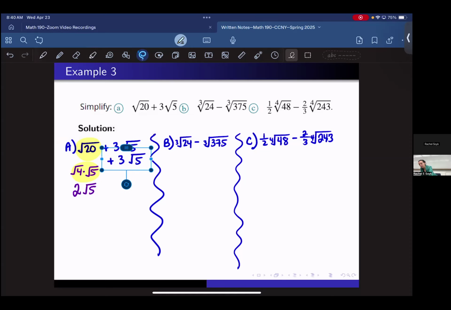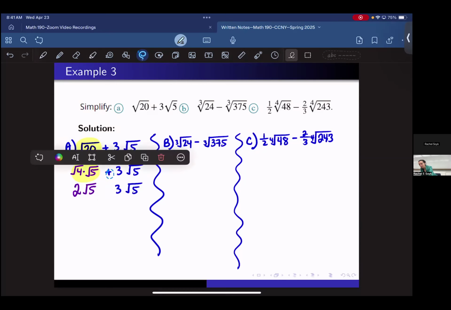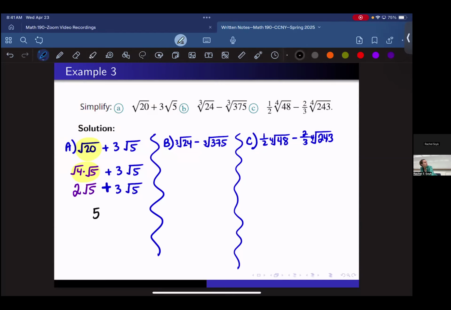Now that's really helpful because when we add 3 square root of 5 to that, we have like radicals. So what is 2 square root of 5 plus 3 square root of 5? 2 plus 3 gives you 5, and then the like radical is the square root of 5. So our final result is just 5 square root of 5. We're done.